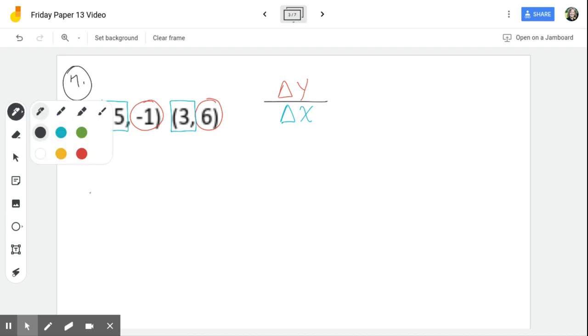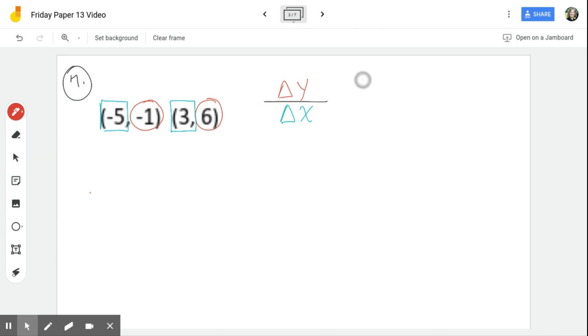Okay, so I'm going to go ahead and start here, and I'm going to write. I always like to start, for me, I like to start here and subtract this one. Technically, you can go either direction. This is just what I find to be the easiest. But if you start here, you need to go here when you start with your x's to keep it all straight.